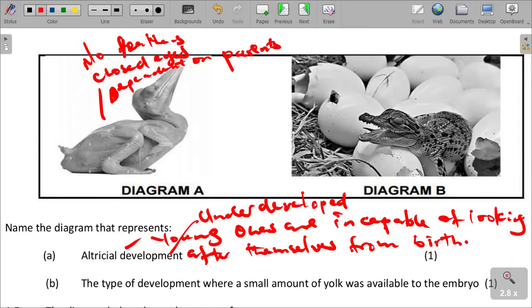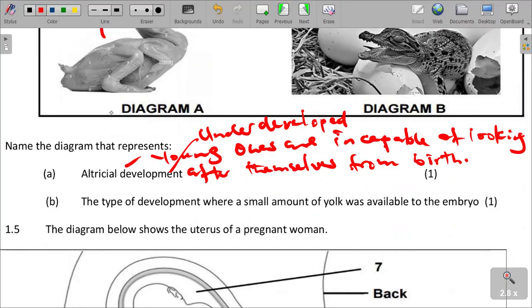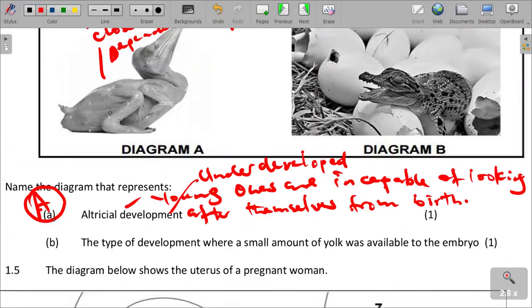They can't walk, they can't move. So we are saying it is what? Artificial development is shown by diagram what? By diagram A. Type of development where a small amount of yolk was available to the embryo.